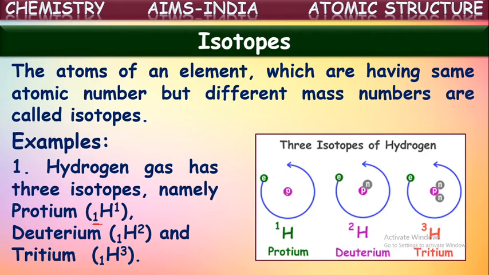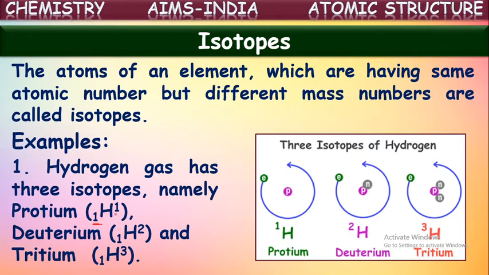So the number of protons is 1 and around that one electron is revolving. This is protium. It has no neutrons if you observe. And deuterium has atomic number 1 but mass number 2.